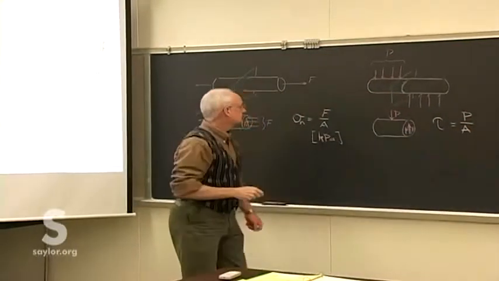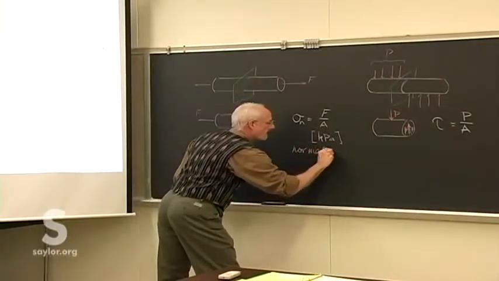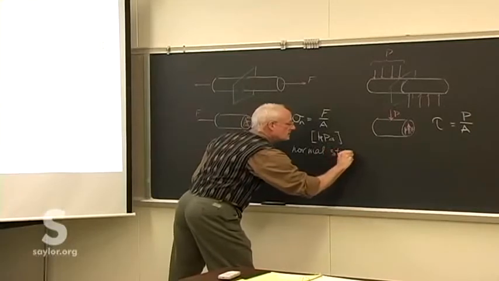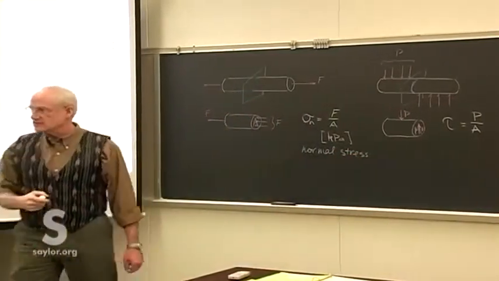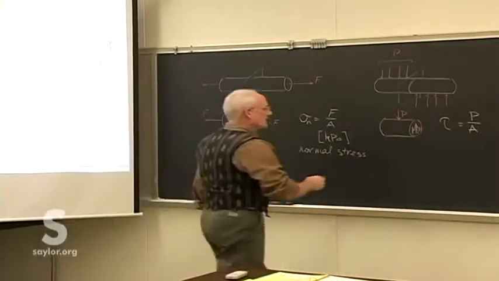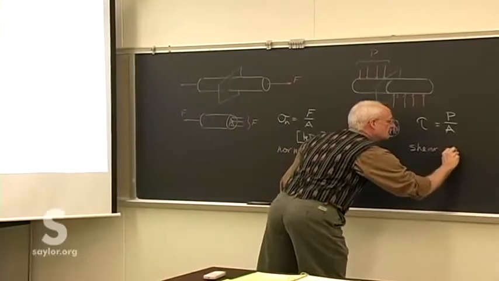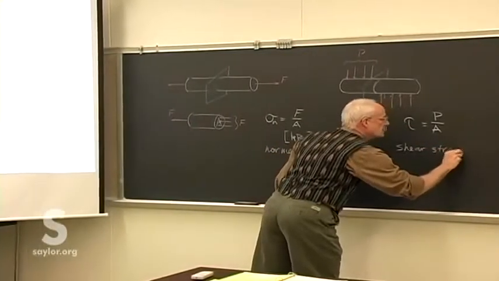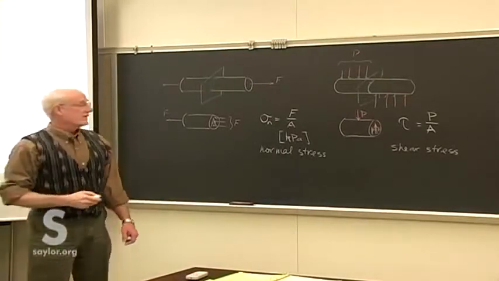shear stress. So we had the normal stress, and if we don't say anything before the word stress, that's the stress we're typically talking about. And then this being the shear stress. And in this case, for both of these quantities, these are average values.